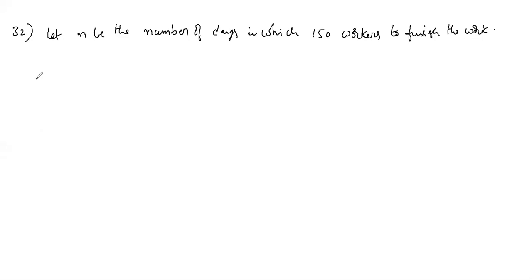So the total number of workers for n days is 150 into n. Similarly, first day 150 workers, second day 150 minus 4, 146 workers, next 142. Like this, the number of days is n plus 8, so in total n plus 8 terms you have to add.